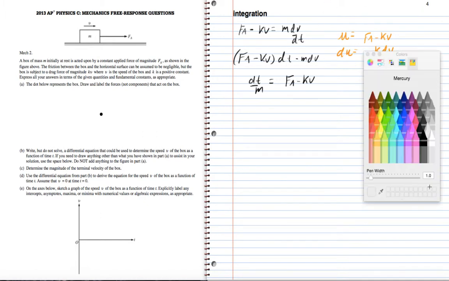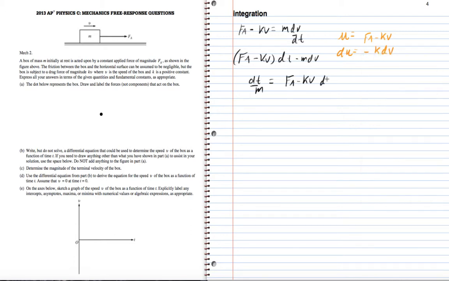I forgot to put the dv there, and I'm going to add an integral sign to each side so that this u substitution looks a little bit more natural. And actually, sorry, I actually set this up wrong. Let me just back up here.